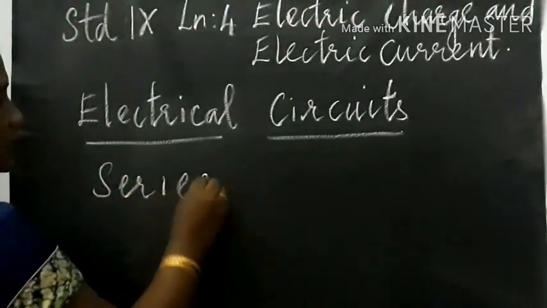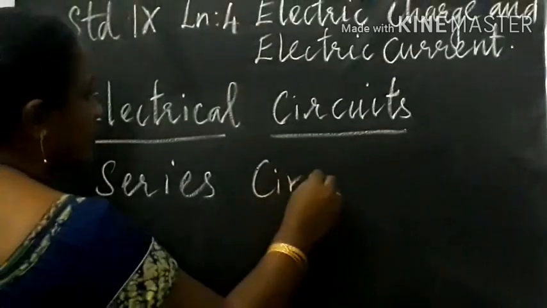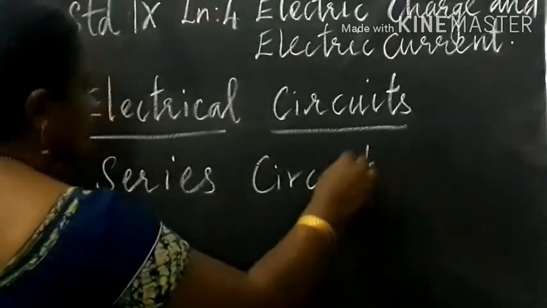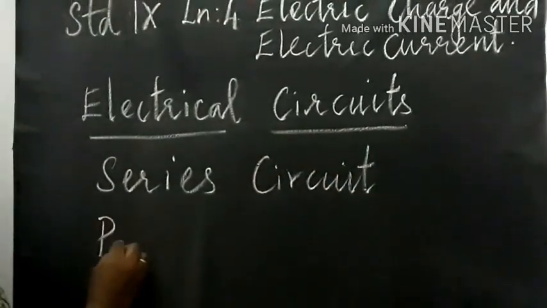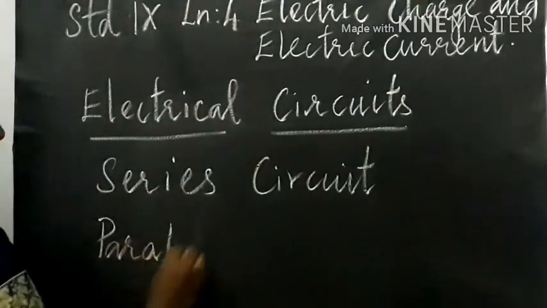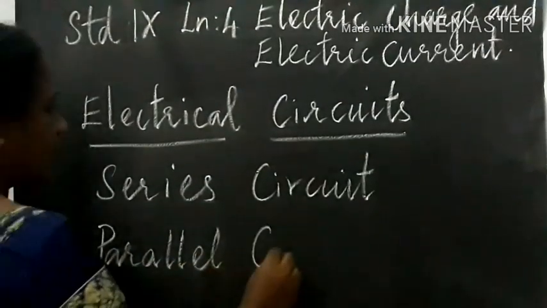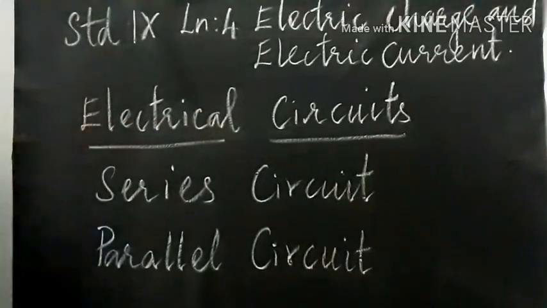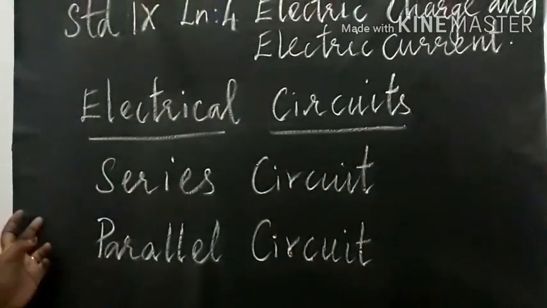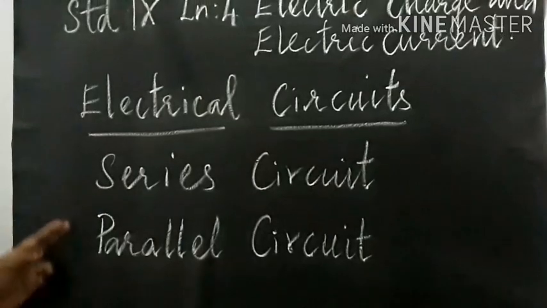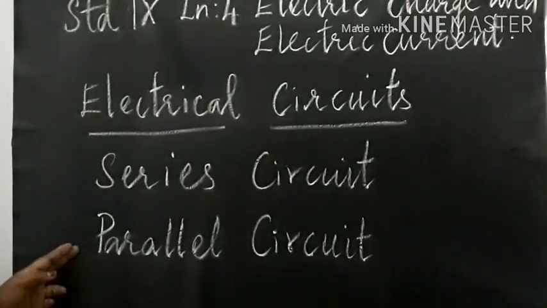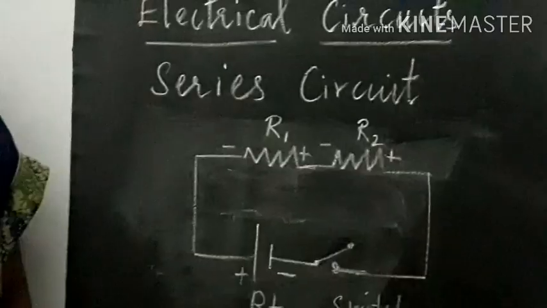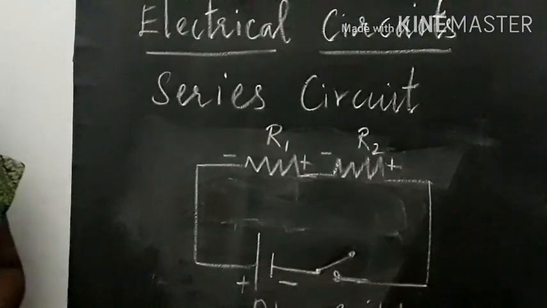The one is series circuit. The next one is parallel circuit. There are two types of electrical circuit, series circuit and parallel circuit. Now let us learn series circuit.